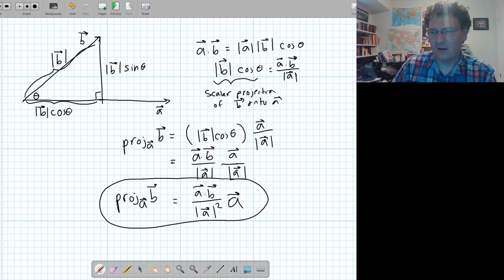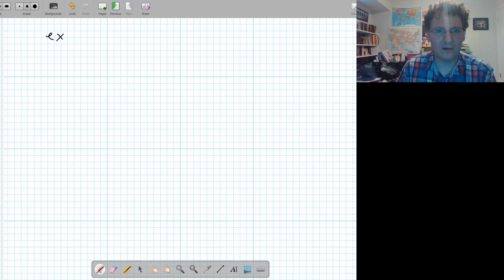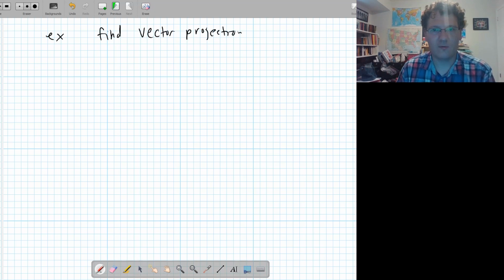Maybe you want to see an example of this. Let's find the vector projection of B onto A, where A is the vector 2, 2, -1, and B is 5, -3, 2. Let's use the same vectors that we did in an earlier example.